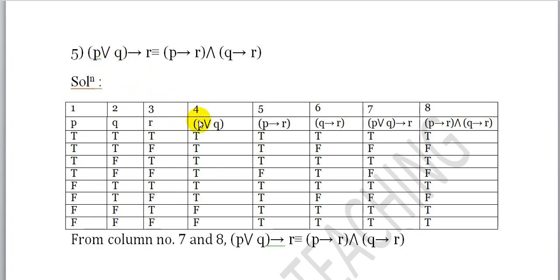So in the fourth column, we write P or Q. Now see this P or Q, first and second column. If anyone is true, then it is true. So we see that only the last two elements contain FF, right? So these two will be false, otherwise the remaining will be true. T, T, T, T, T, T, 6 times and double F. Okay? Always follow the rule for P or Q.